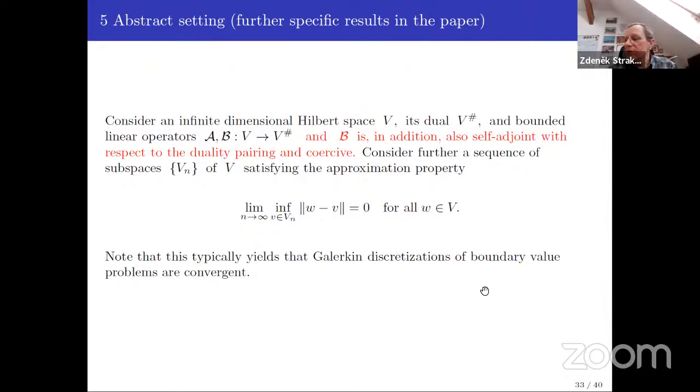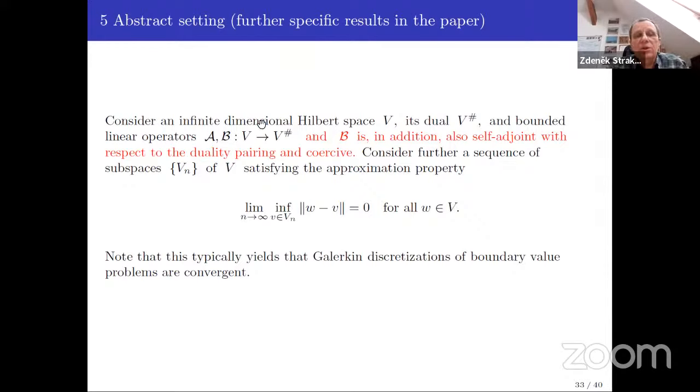But I will end with the last result, then I will make some comments. The last result, in the whole generality, talks about the convergence of the discrete spectra to the spectra of these self-adjoint operators. That can also be continuous.